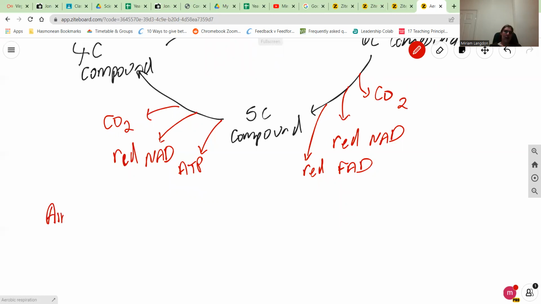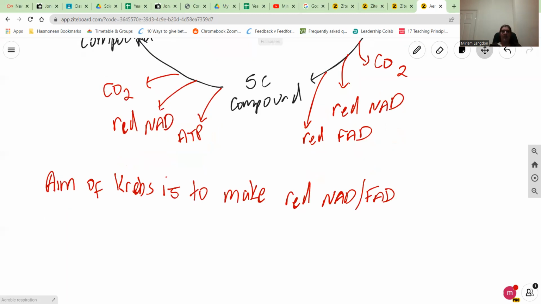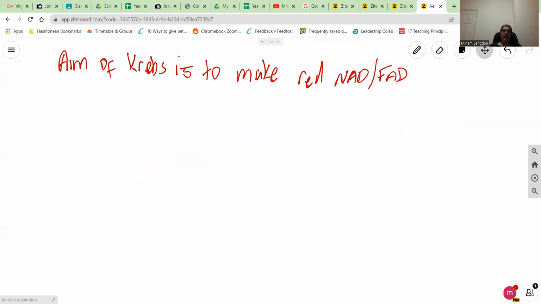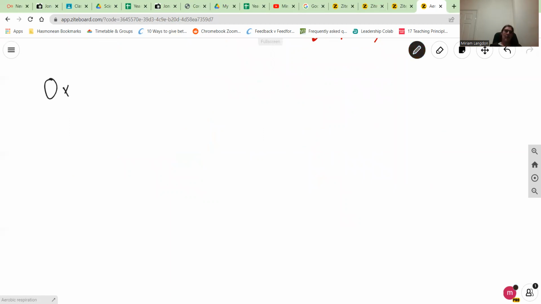So that is why we do the Krebs. Because we're going to need those reduced FADs and reduced NADs for the third part, which is oxidative phosphorylation. And that probably is the most complicated part of the process.